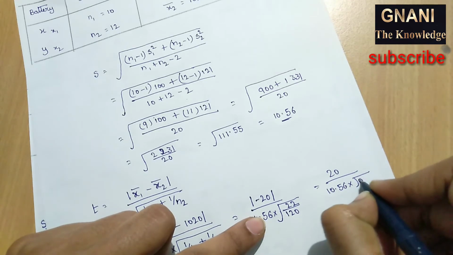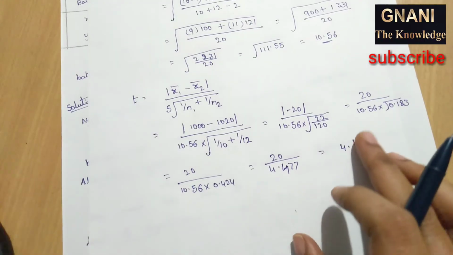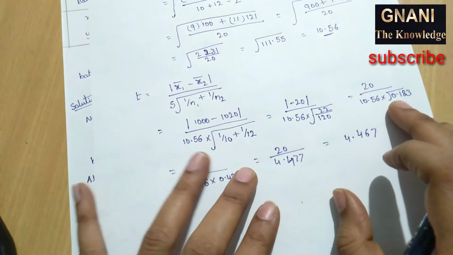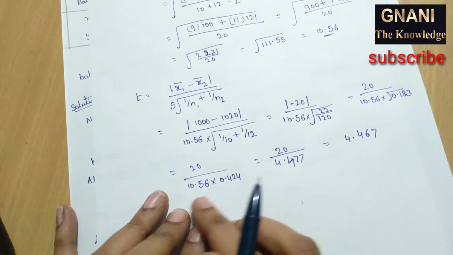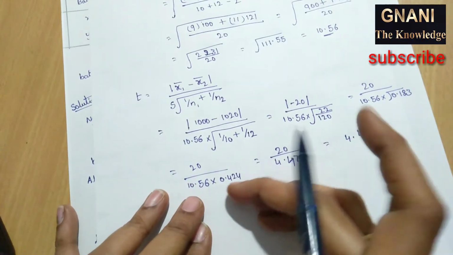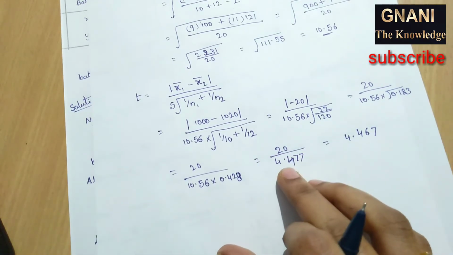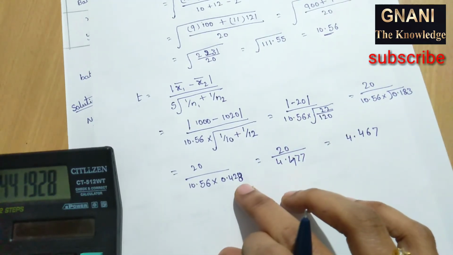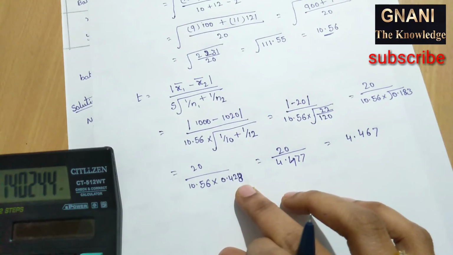We can take the value as positive, so 20 divided by 10.56 into square root of 22 by 120, that equals 0.183. So the square root of 0.183 equals 0.428. Then 20 by 0.428 into 10.56 equals 4.496.